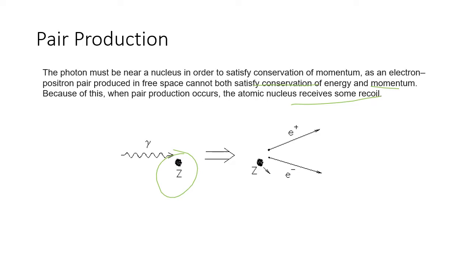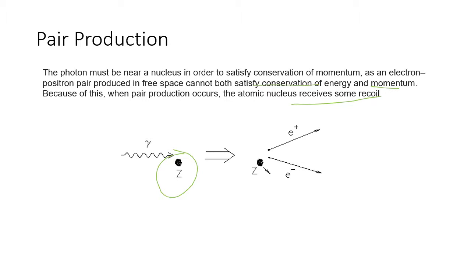Actually, in free space, this process is happening all the time, but it's happening on timescales faster than Heisenberg's uncertainty principle allows, and so they're all virtual. For actual real positrons and electrons to be made in pair production, we do need a nucleus nearby.